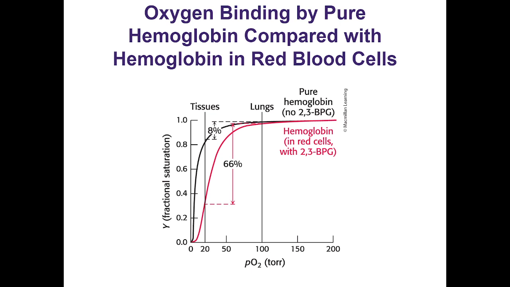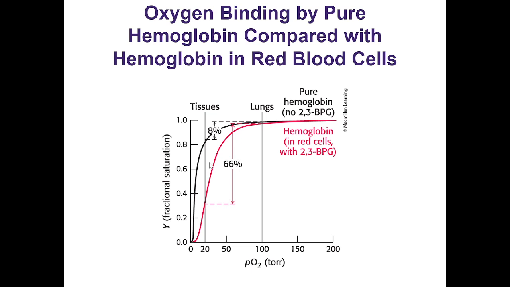Right here, this is the oxygen binding by pure hemoglobin, which we can compare to the hemoglobin in red blood cells. Here we see the oxygen binding of pure hemoglobin without the 2,3-BPG. It has a sigmoidal curve, but it is significantly less than the hemoglobin in red blood cells, where you would have 2,3-BPG.